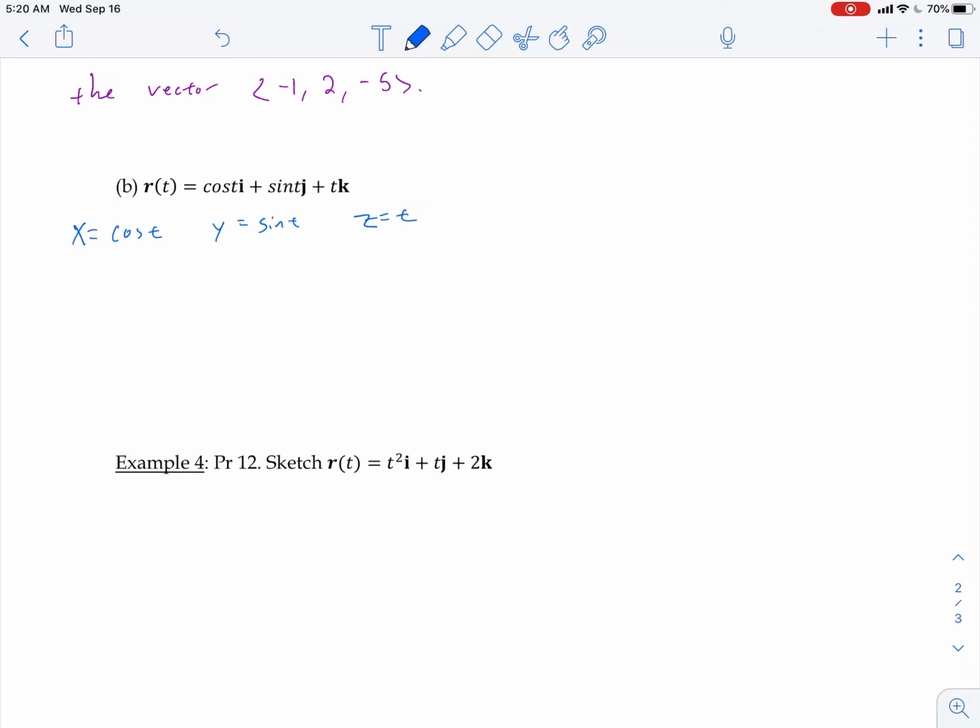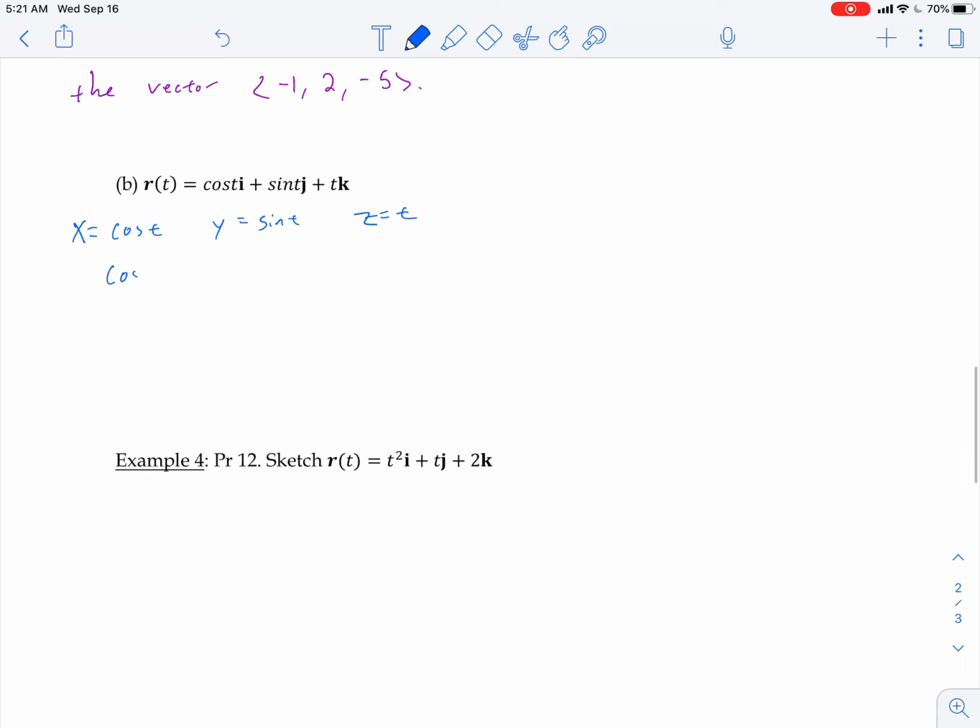One thing that's going to be very important for this section is that if you're ever given cosine and sine together as parametric equations for one component, then you want to go ahead and put this into x squared plus y squared form. In this case, because we know that cosine squared, one of our Pythagorean identities, plus sine squared of t is equal to 1.